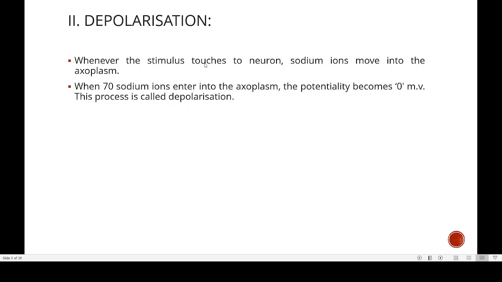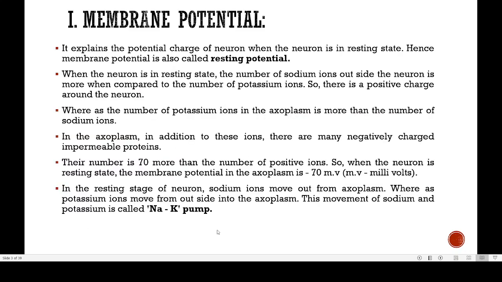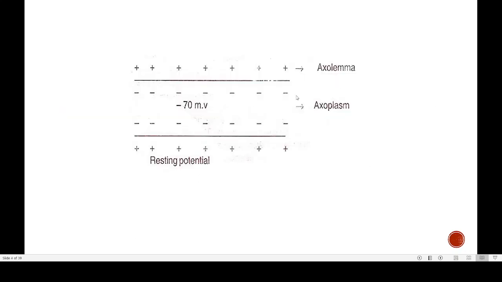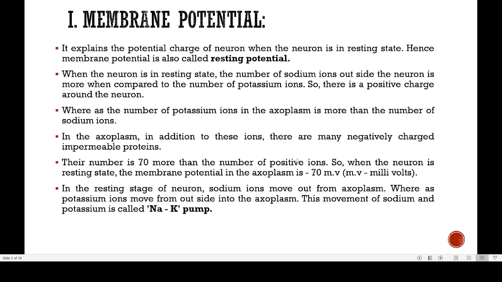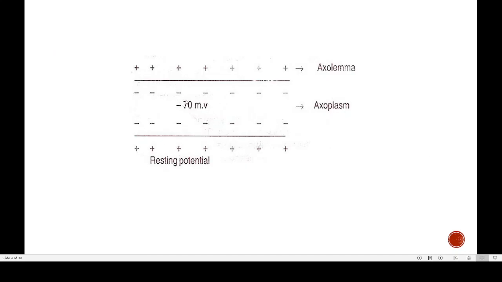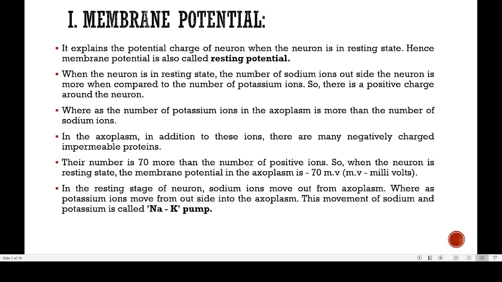Whereas on the inner side, in the cytoplasm, the number of negatively charged ions is more. Since these are negatively charged, there is an overall negative charge here. That is why the inner side is negatively charged and the outer side is positively charged.